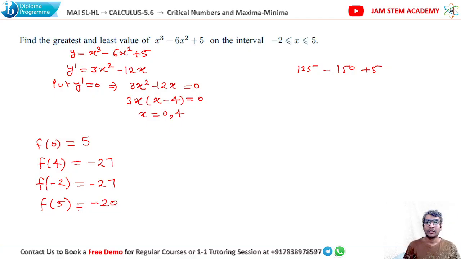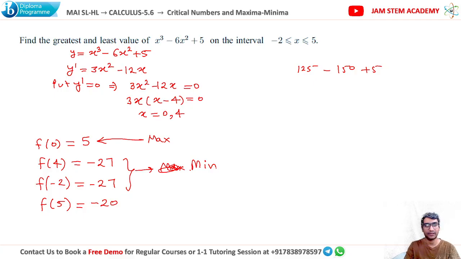So now from this you can see that the absolute maxima is occurring at this point, right? And absolute minima is occurring at these two points. You can simply write that you are getting minima at x equals to 4 and -2 and the minimum value is -27. Okay, and the maxima is obtained at x equals to 0 and the value is 5.